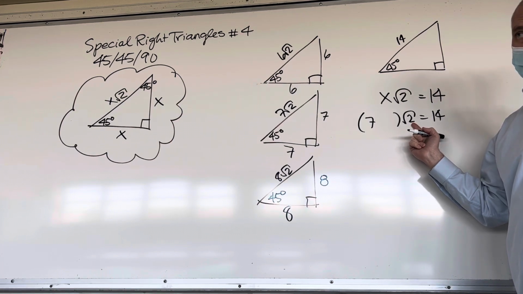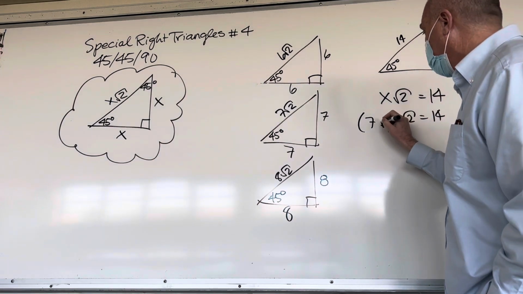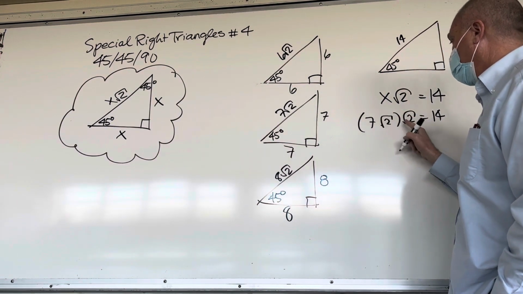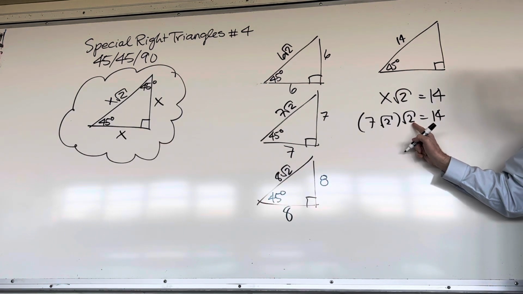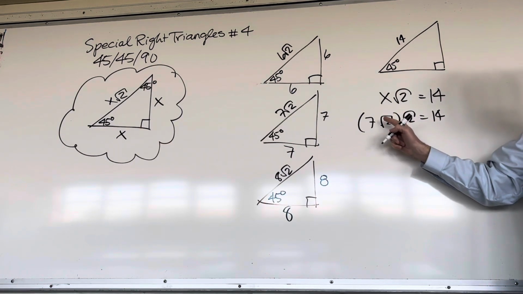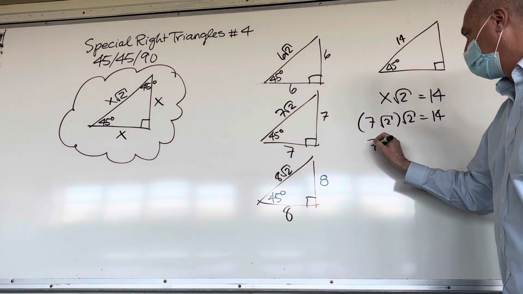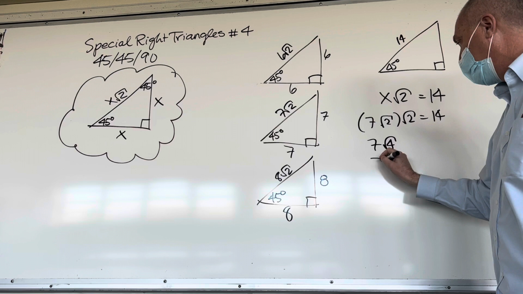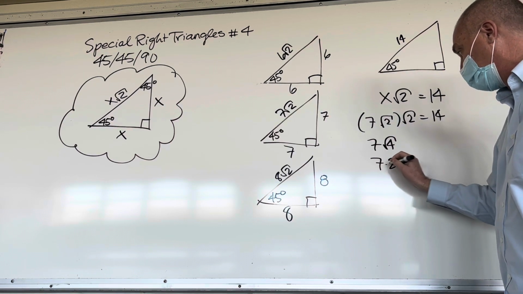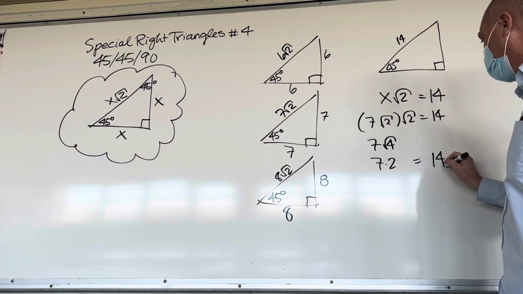Square root of 2. So square root of 2 times square root of 2 is square root of 4, and the square root of 4 is 2. So this becomes 7 times square root of 4, and 7 times 2 sure enough is 14.